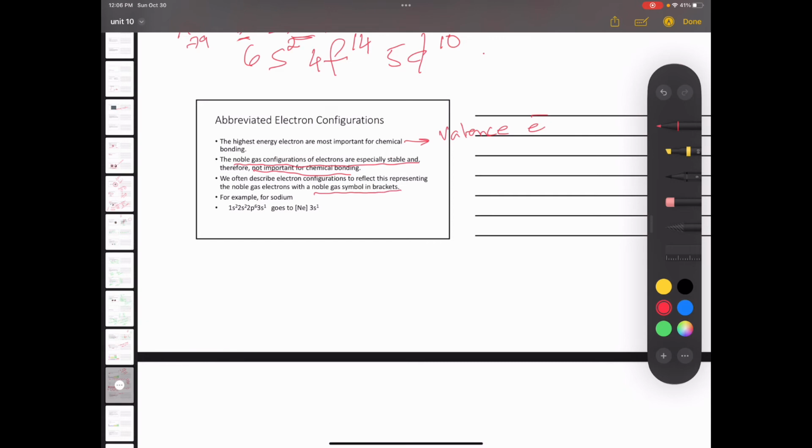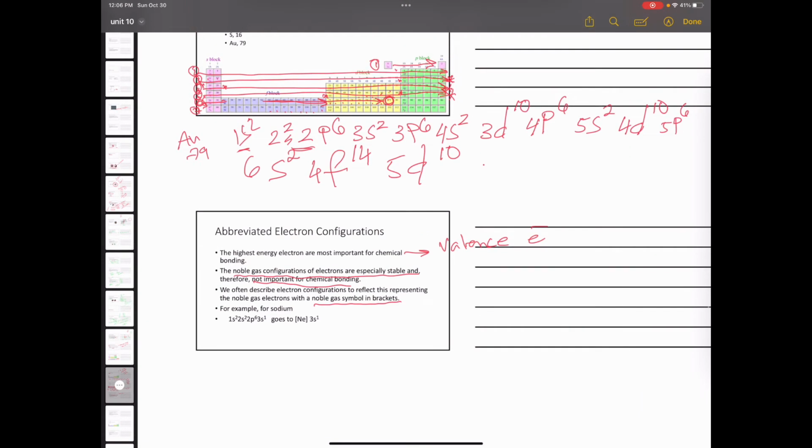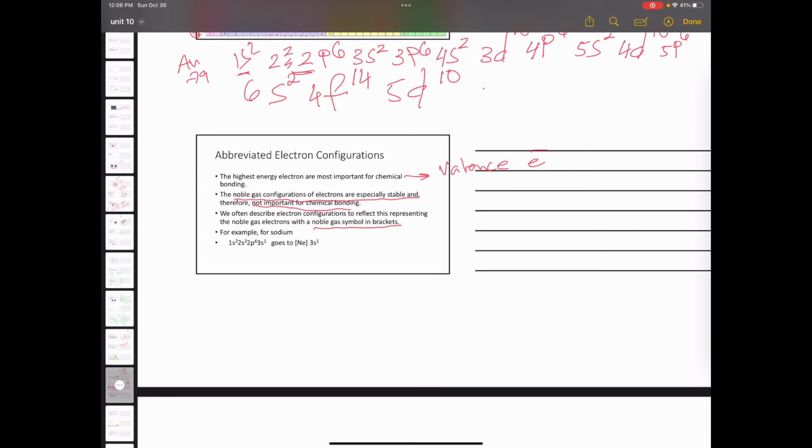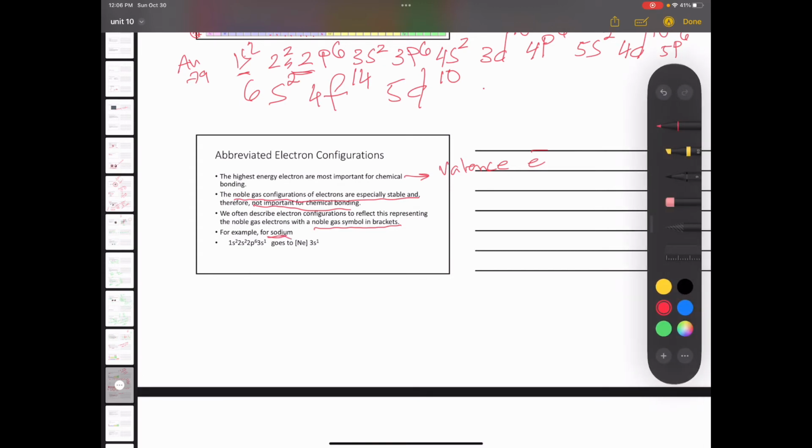So what we will do is abbreviate all this count of electrons that are really irrelevant to chemical interactions, and we substitute that with the electron configuration of a noble gas. We will do an example shortly. For example, if you look at sodium, which has 11 electrons, we can use neon, which has 10 electrons, right?